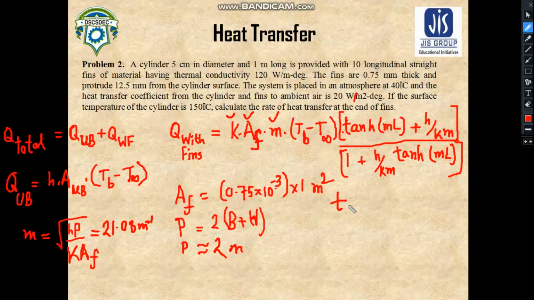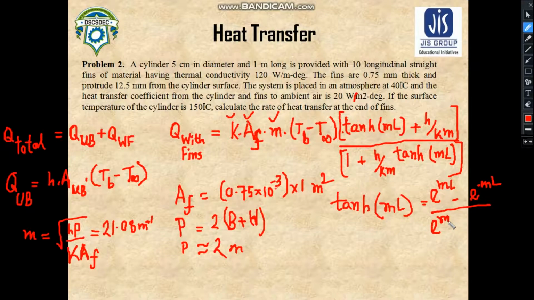How can you calculate the tanh of ml? If you remember cos and sine, it is defined as sinh of ml divided by cosh of ml. That is e to the power ml minus, since in the case of sine it should be a negative sign, e to the power minus ml, divided by e to the power ml plus e to the power minus ml.